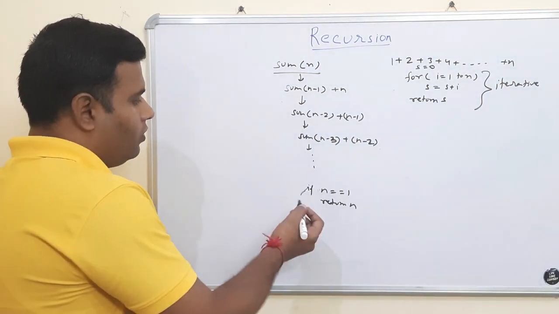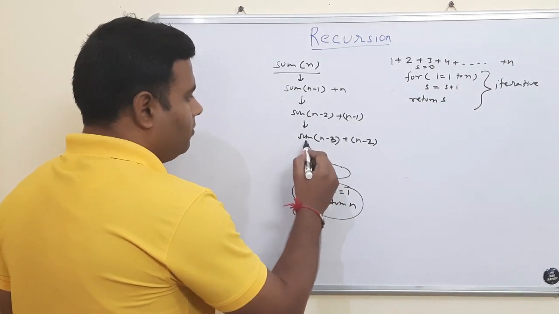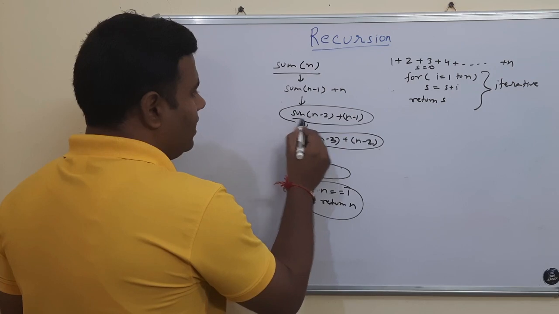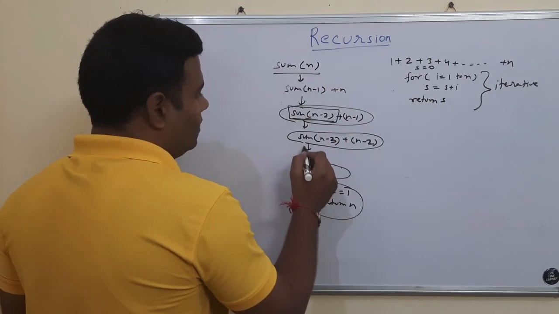Now when we have solved this smaller problem, we can solve this problem, then we can solve this, and the response of each sub problem we will get from the downside, right?